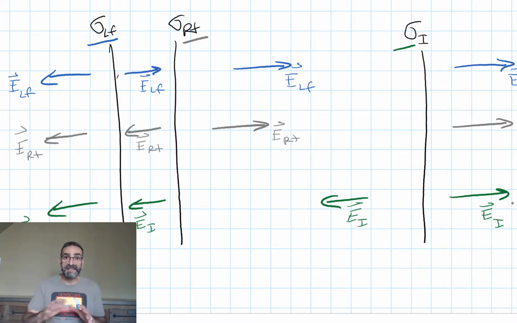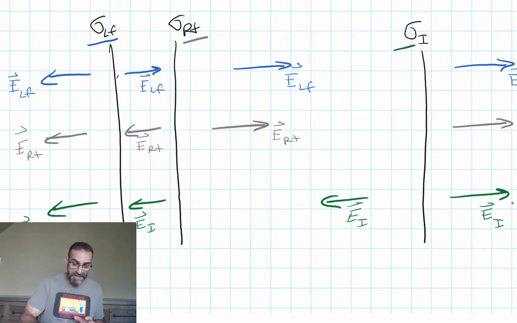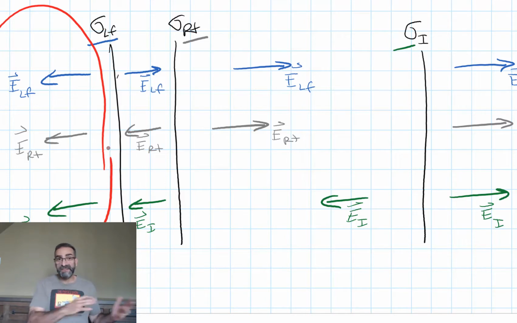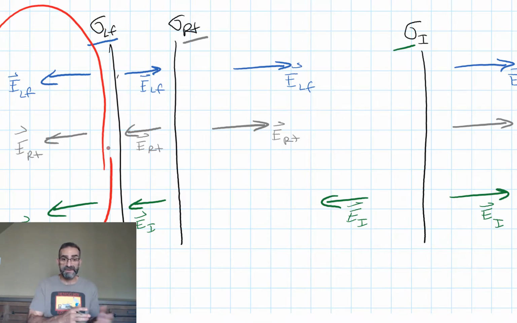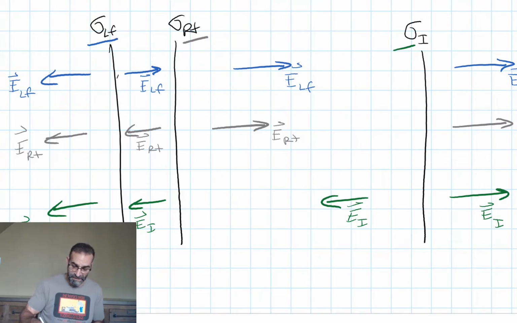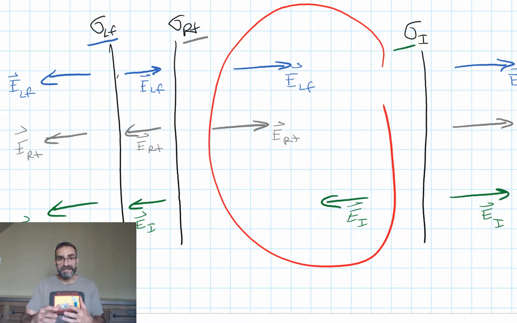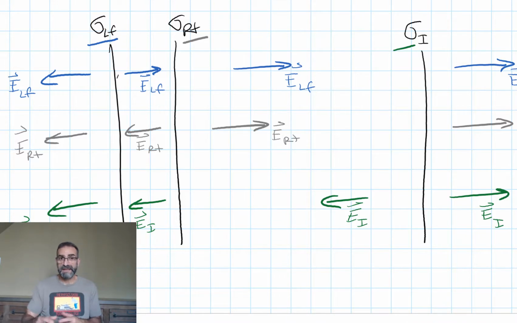Now I can figure out the electric field in any of these regions. The electric field in this region, to the left of all of our charges, is equal to the sum of the three sheets of charge that are creating the electric field there. The electric field between the two is a combination, and the electric field to the right of all of them is also a sum. Those don't really help me yet, but what does help me is the electric field inside of my conductor.